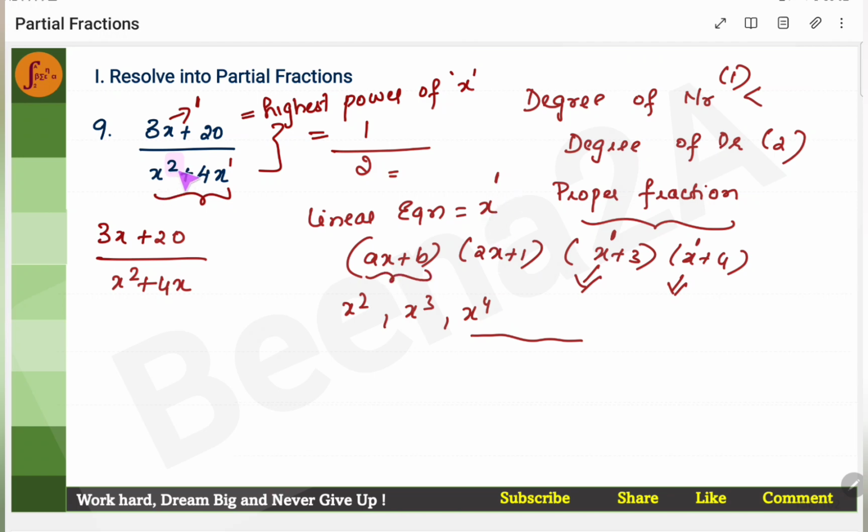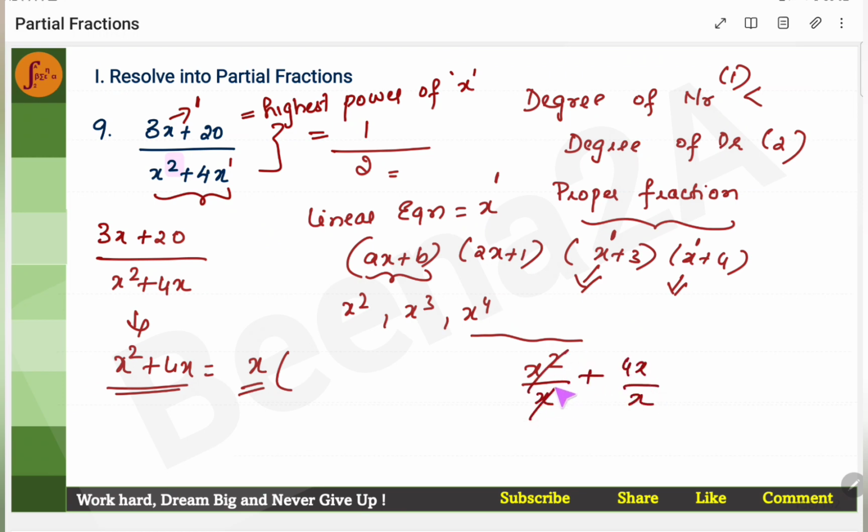Now here if you see, you have x square. So we'll have to simplify this. How we can simplify? One is, we can take x as common here. Between x square and 4x, x is common, right? So when I say common factor, what does it mean? I have to divide this entire thing by x. If I divide this by x and this by x, what will happen?